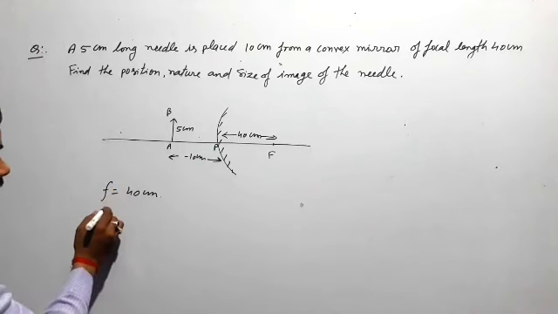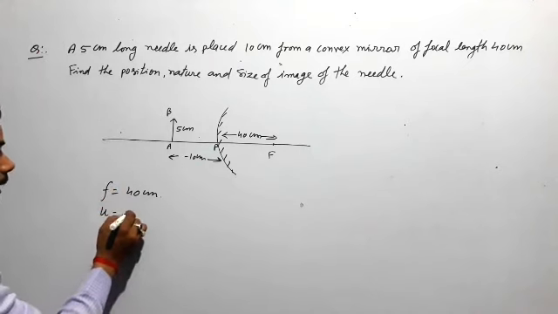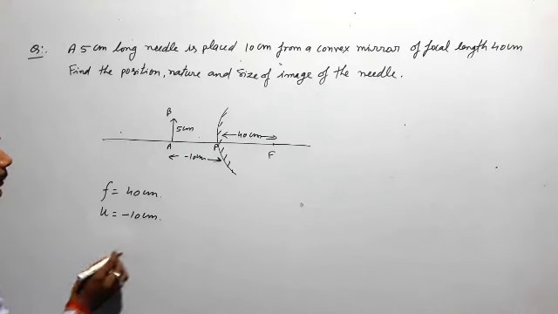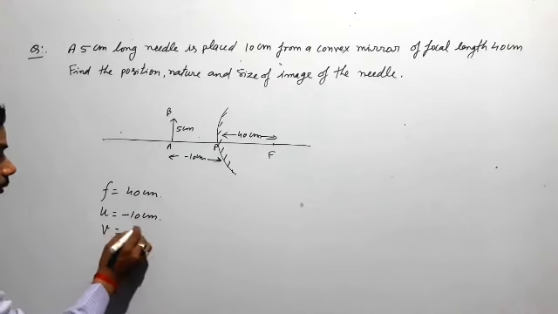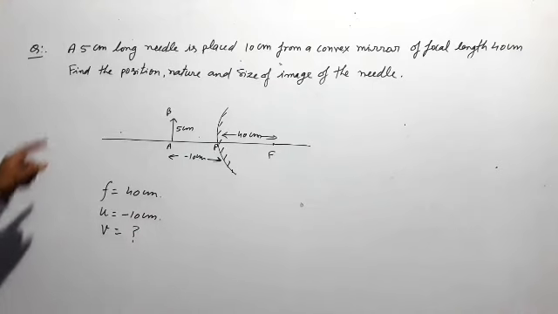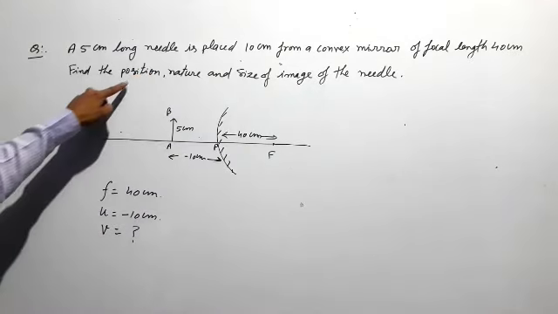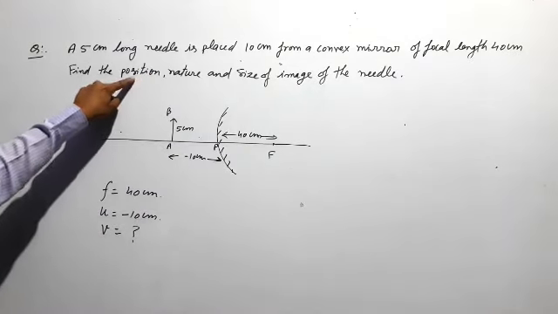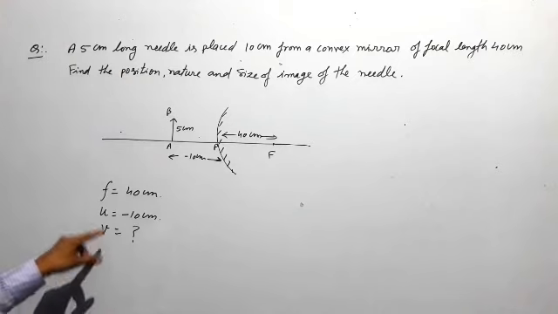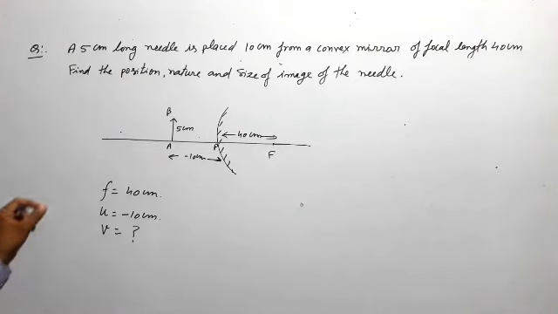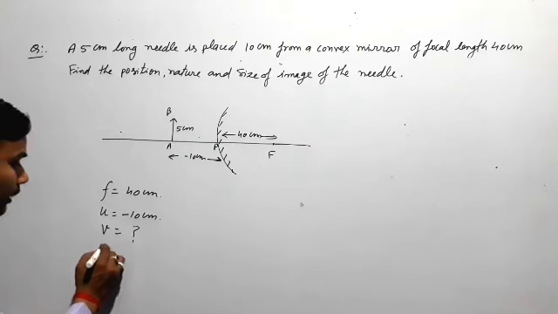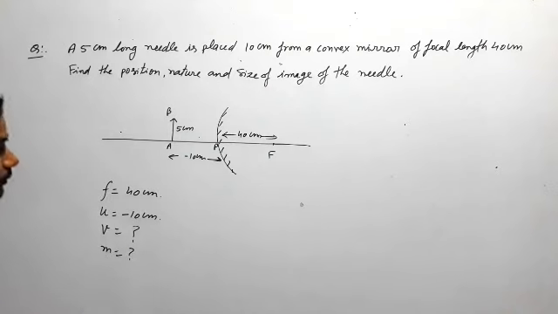Okay, so u is minus 10 cm and we have to calculate the value of v, means position, nature and size of the image. So position will be calculated with the help of v and nature and size will be calculated with the help of magnification. So we have to calculate also magnification.